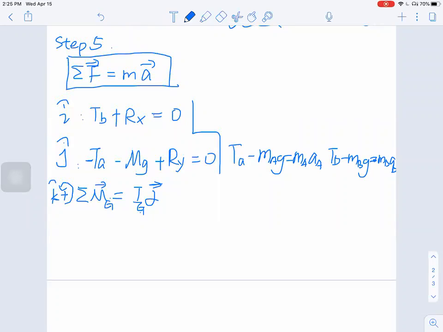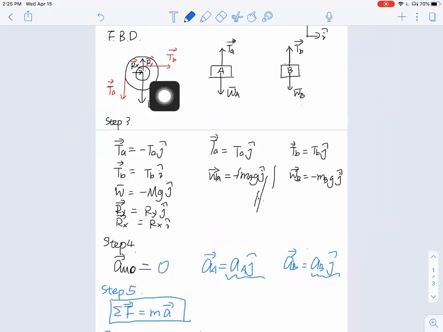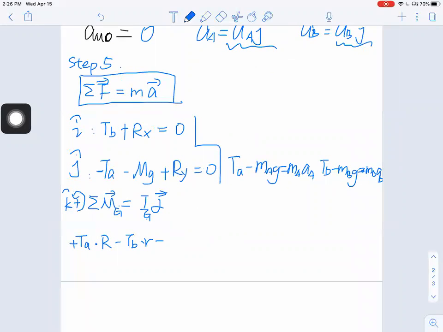So let's write that out. Sum of all the moments about point O is going to be, let's start with TA, that's positive, TA times big R minus TB times small r. Let's double check. Yep, the distance between TB and O is small r, between O and TA is big R. And they are equal to I O alpha.